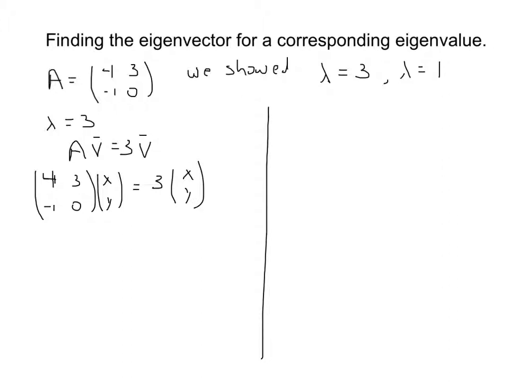Writing this as a system of equations, I have 4x plus 3y is equal to 3x, and I have minus x plus 0y is equal to 3y.